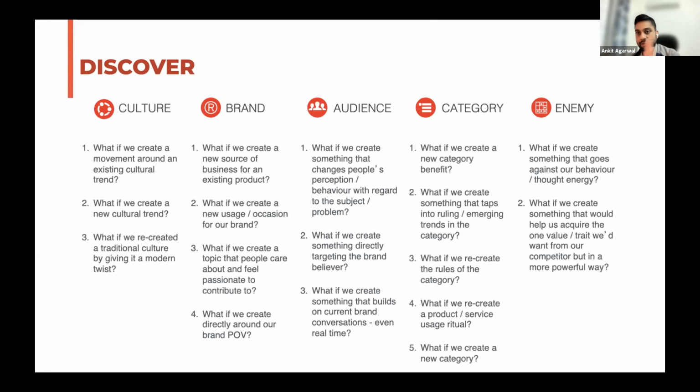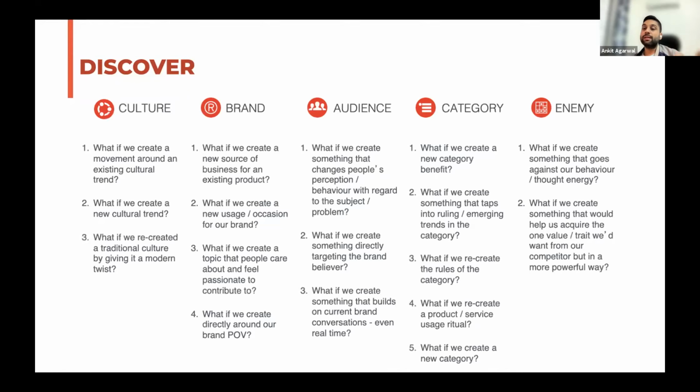Okay, so this is what you need to do. Similar or the same categories that you had thought about in the earlier slide, you have to flip it here. For example, under culture, you said, what if we create a movement around an existing cultural trend? I told you the cultural trend is that India is a very chai country. And historically, we have seen a lot of memes and a lot of chai lover kind of things coming out of it.